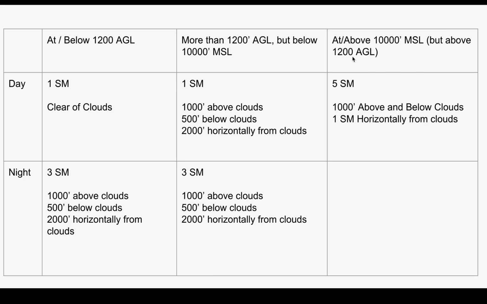Well, there are places like if you're flying around the Rocky Mountains. And then at night, 5 miles, 1,000 feet above and below, 1 statute mile horizontally. So this is the same as Class E. This is the 152 rule, and then this is a weird one right here, and this is kind of a weird one here. So memorize this graph. Make sure you write that down.